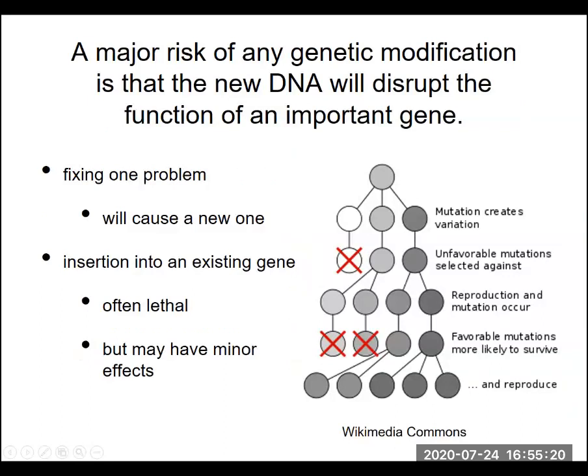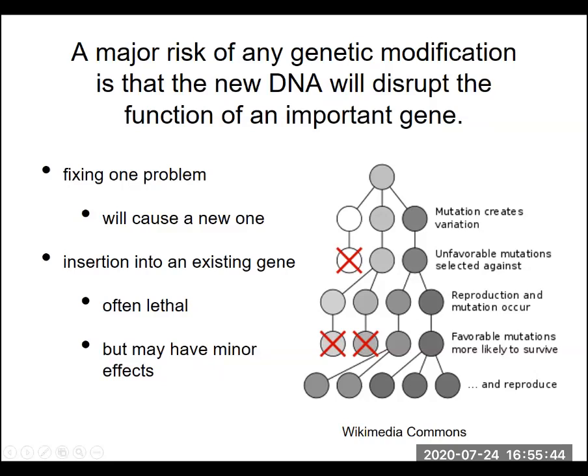Now, the whole idea, if we go in and try to modify the gene, potentially to fix a gene, is that we want to make sure that we don't cause more problems by going in and trying to fix them. So, we're going to put our DNA into a cell, hopefully fixing one problem, but not causing a new one.